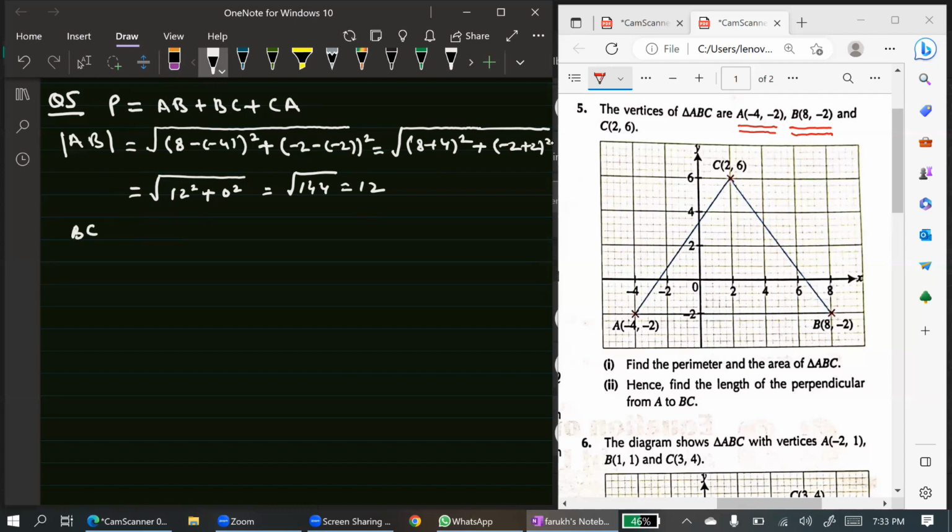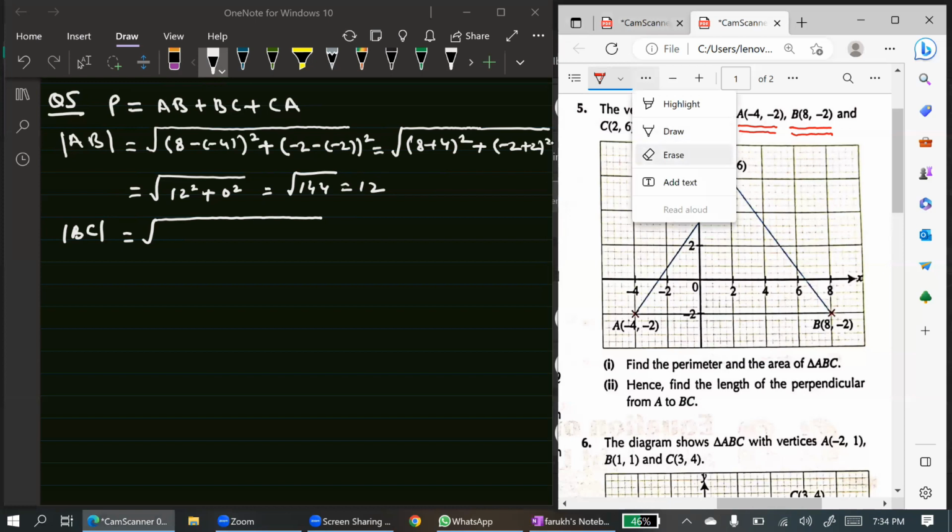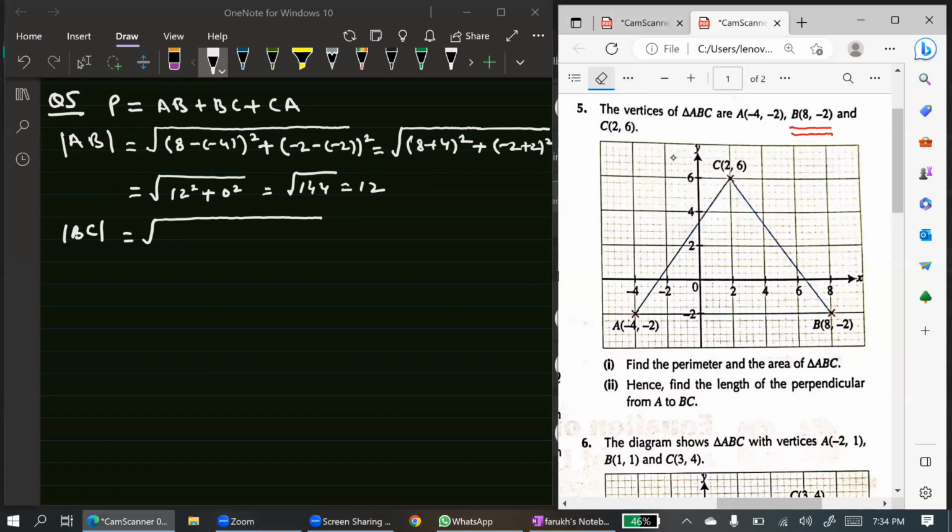Now we will find out BC. We will let the coordinates of B be x1, y1 and C be x2, y2.